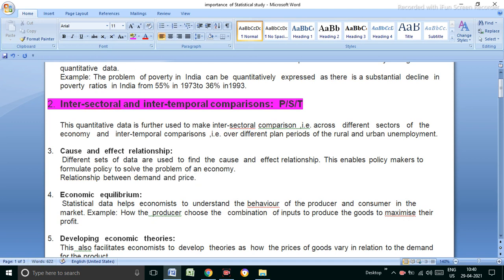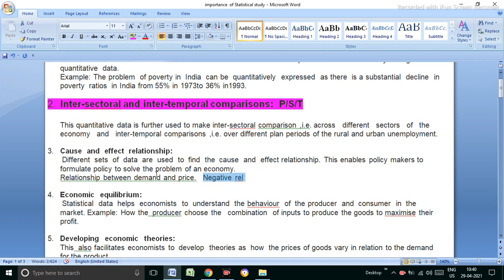Who can tell me what is the relationship between demand and price? We know very well, it is a negative or inverse relationship. A negative relationship shows that when the price of a particular good increases, the demand for that good decreases.